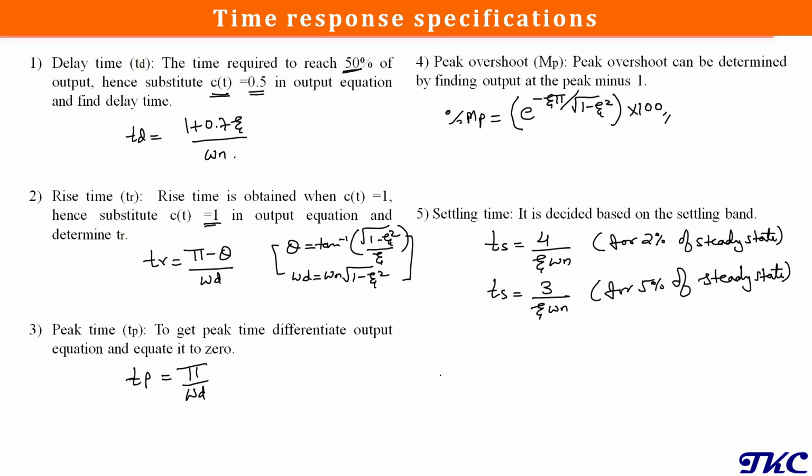We have discussed the second order system, and then we determined the roots of a second order system by considering the standard transfer function, and later on we discussed the effect of damping ratio, and after that we derived the output equation in time domain for a second order system when we give a step input, and from that output equation we can derive the time response specifications, which we can use for studying the performance or the response of any second order system. So with this we'll end this lecture.